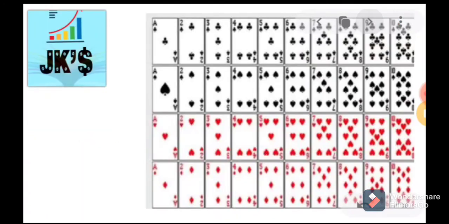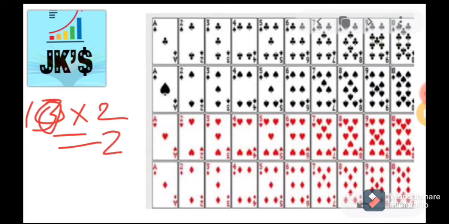Now the number cards. There are 10 number cards in a type, so 10 into 2, that is 20 black and 20 red.